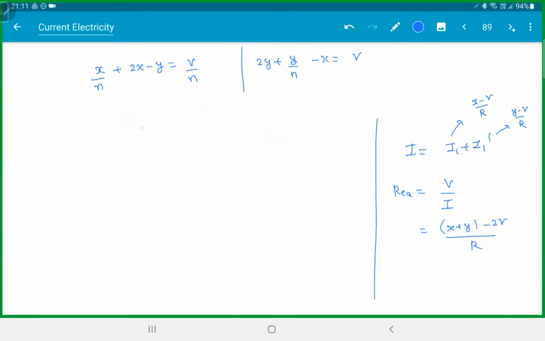Add these two equations: x plus y by n plus 2 into x plus y, minus x plus y, is equal to v plus v by n. Perfect. Taking x plus y common, you end up with 1 by n plus 1, which is v into 1 plus 1 by n.